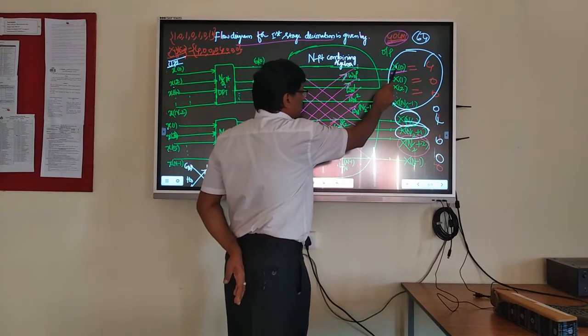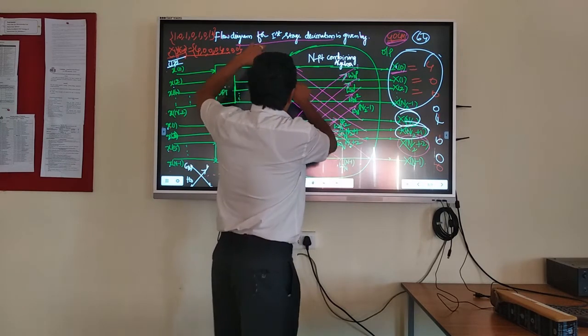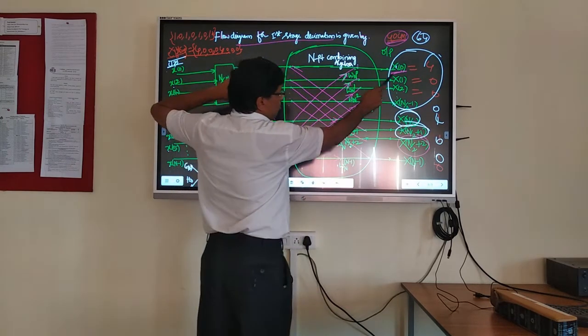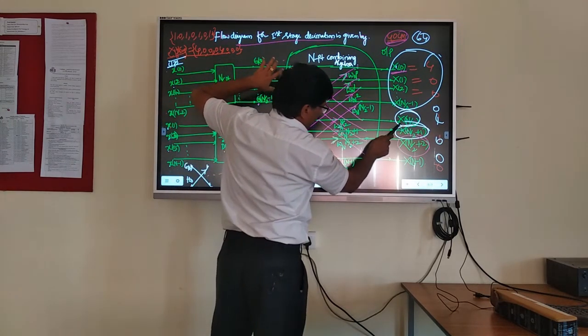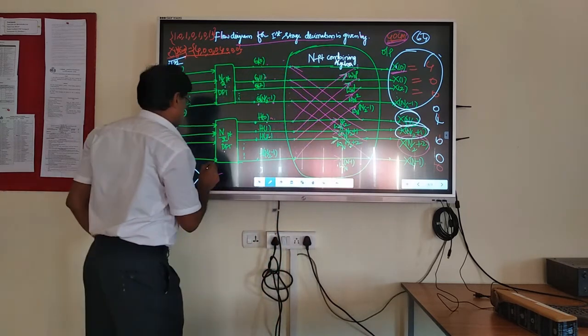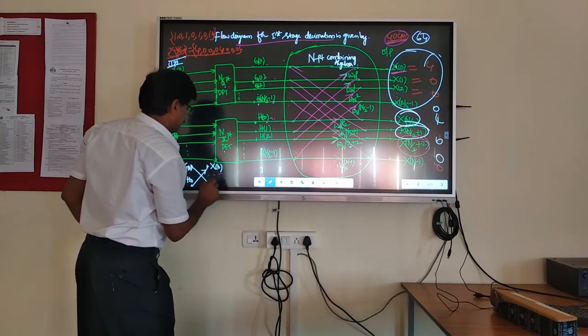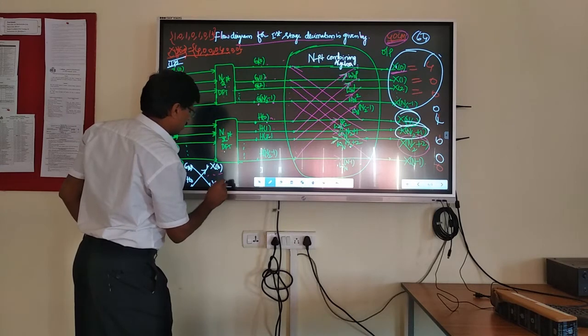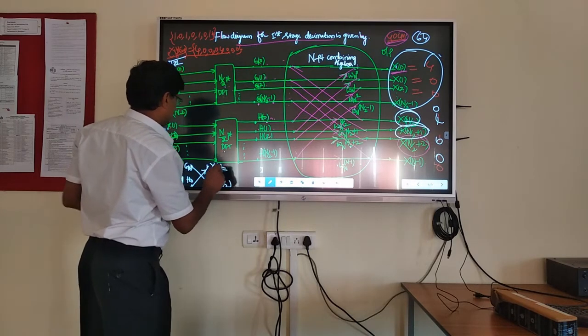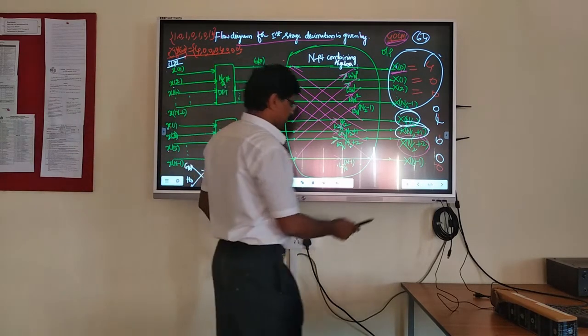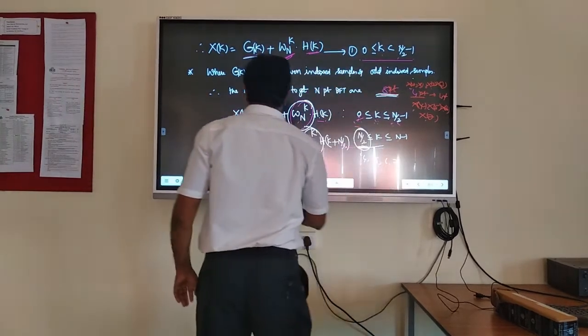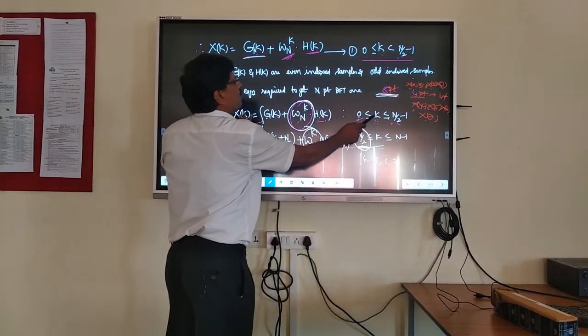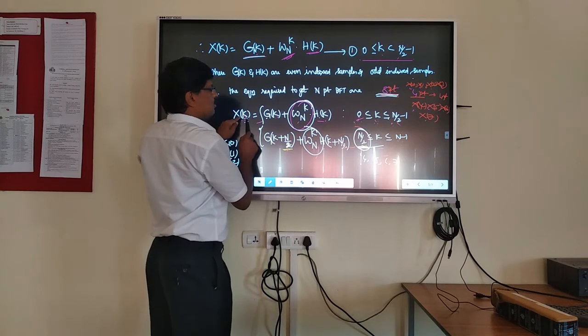Now let me take this first butterfly. Inputs are G0 and H0. Outputs are X0 and X of N/2. Let's see how to get this. For example, X0: when k is 0, you will get X0.